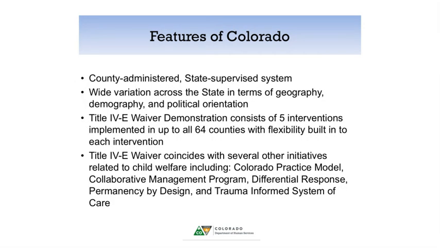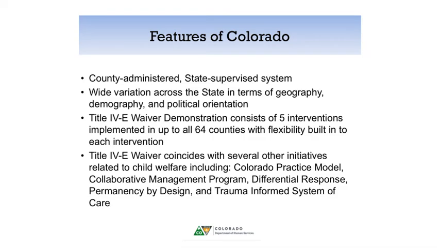So, features of Colorado. Colorado is one of those county-administered, state-supervised systems. The second bullet point there, we have a lot of variation within the state. We were proud of the fact that we are a county-administered state, largely due to the very heavy density in the metropolitan areas and very large spaces in some of the rural areas with low populations.